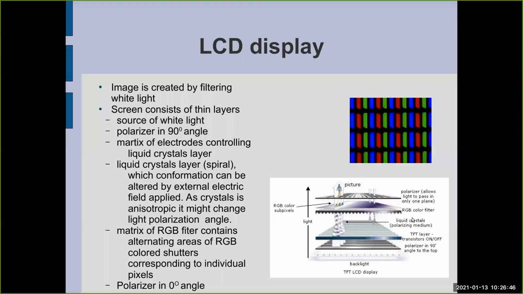So these displays are quite compact, so they are narrow, but you can see that the control system has to be very complex to control every pixel independently. If you have 4K monitors or 8K monitors, you can see how many pixels have to be here, okay?